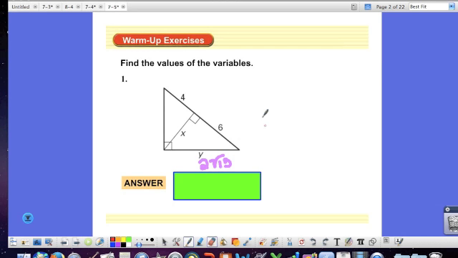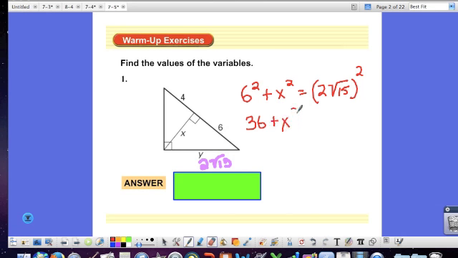But I can use the Pythagorean theorem. 6 squared plus x squared is going to equal 2 radical 15 squared. That means 36 plus x squared. 2 squared is 4. Radical 15 times radical 15 is 15. 4 times 15 is 60.